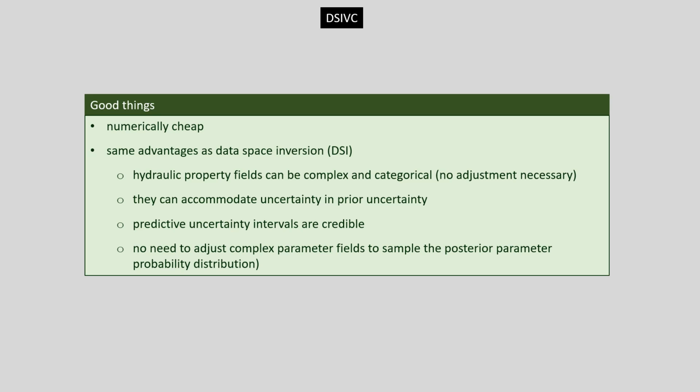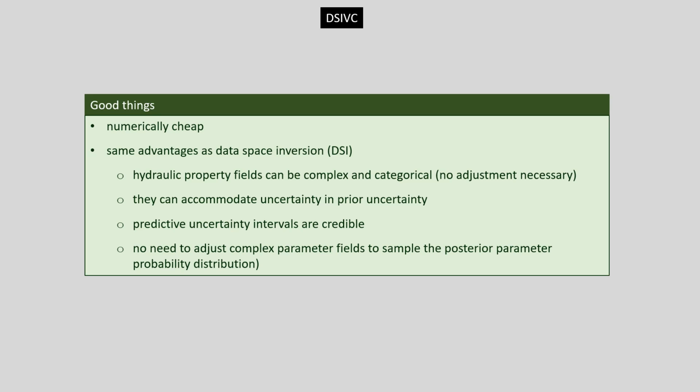We can have a complex model with complex hydraulic property fields that don't have to be adjusted. So we can express hydrogeological nuances in as much detail and complexity as we like. We can accommodate uncertainty, complicated prior uncertainty.